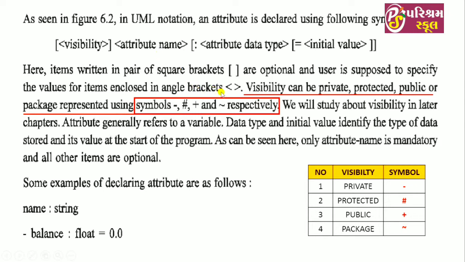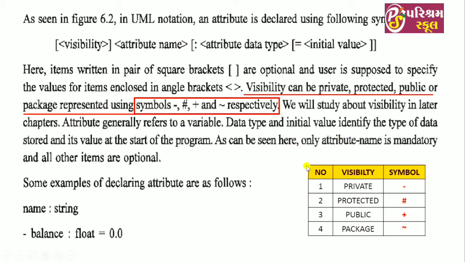Another point is visibility. That is a very important point from the exam point of view. Many times this is asked in the exams. Visibility can be private, protected, public, or package. They are represented by different symbols.